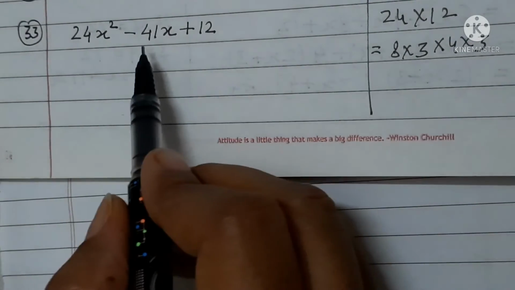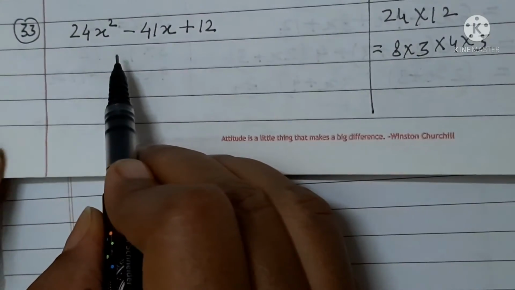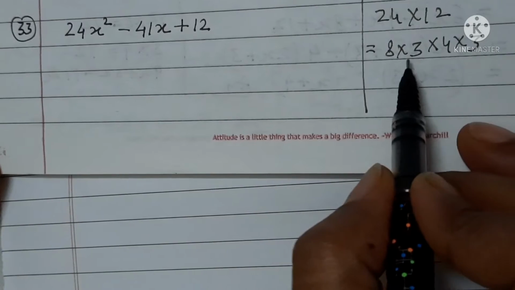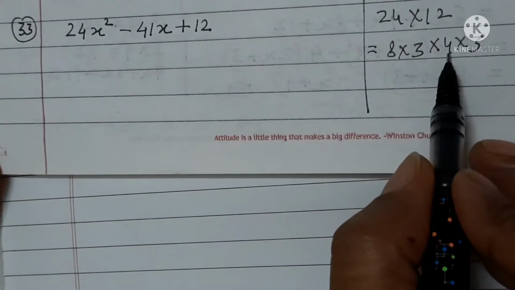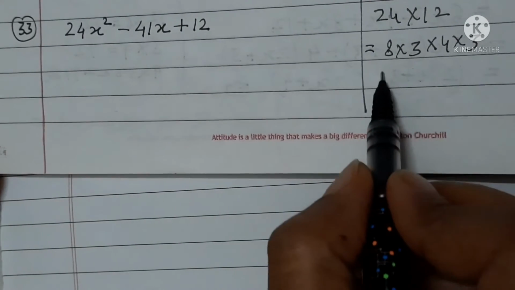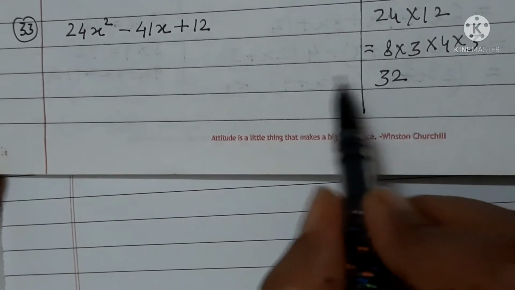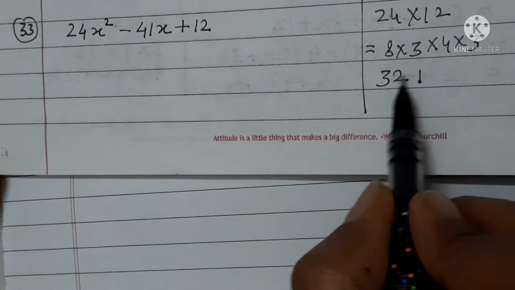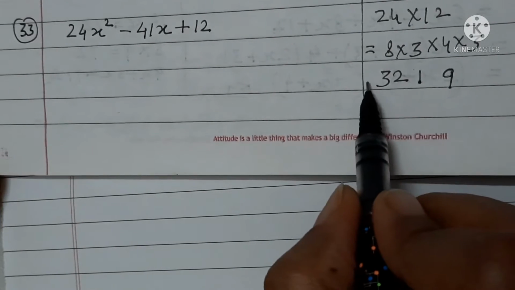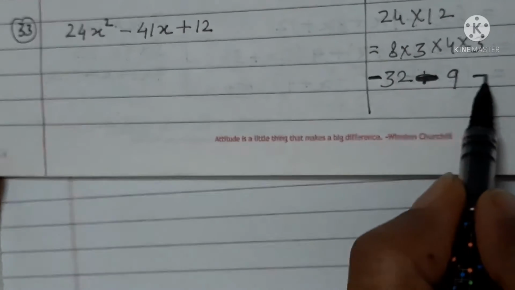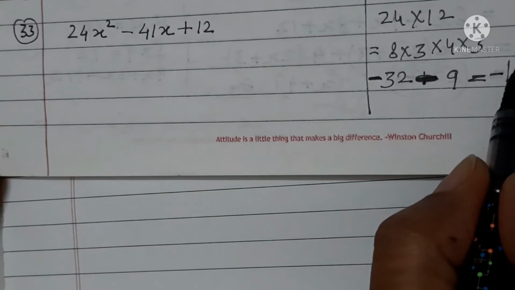Now you need two parts so that the sum will be −41. So 8 4s are 32 and 3 3s are 9. 32 and 9 add to 41, and put the sign minus, both will be negative, so you will get −41.